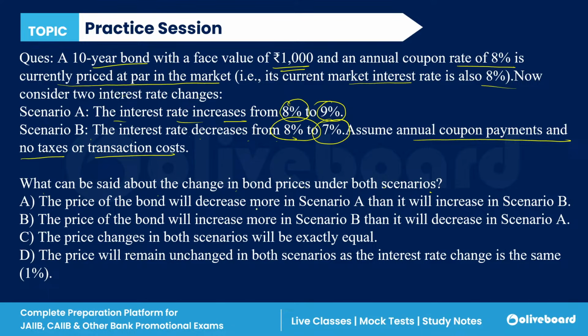A: The price of the bond will decrease more in scenario A than it will increase in B. B: The price of the bond will increase more in B than it will decrease in A. C: The price change in both scenarios will be exactly equal. D: The price will remain unchanged in both scenarios as the interest rate change is the same 1%. So the correct answer is what? Remember the bond theorems and then answer.